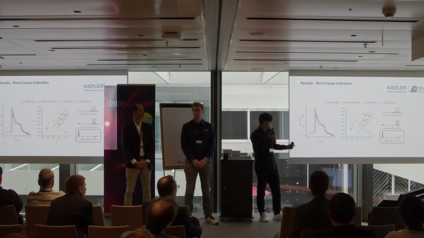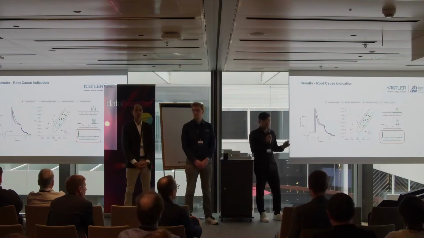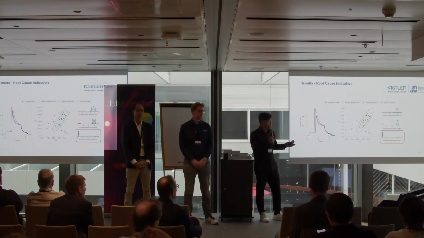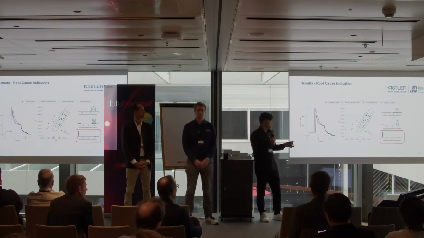And you can see the blue one, when we increase the holding pressure, we want the representation to also deviate from the distribution of the calibrated data. It's actually deviating. However, when we increase the injection speed, the representation for the holding pressure also deviates. This is something we are still working on, this entanglement study.